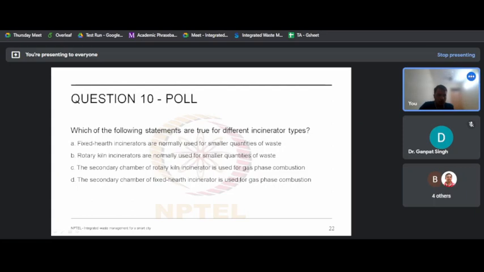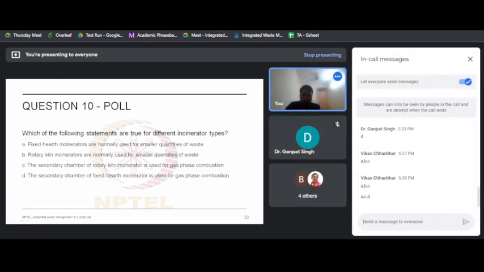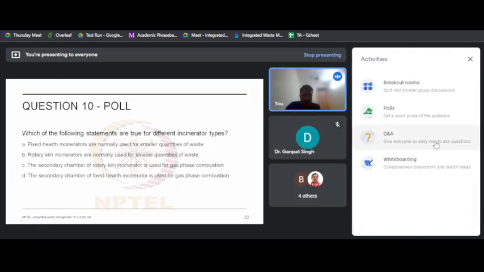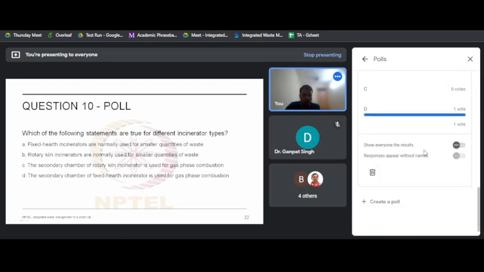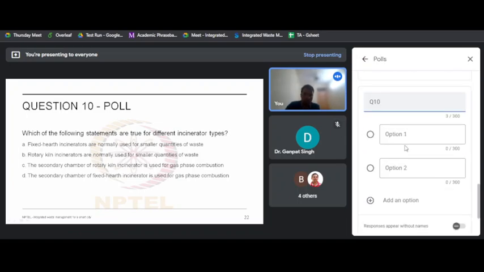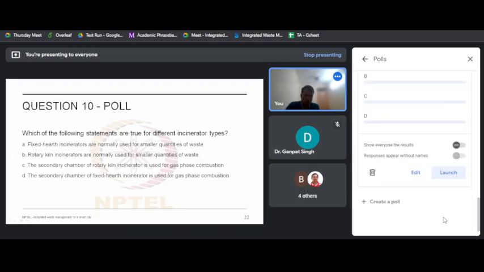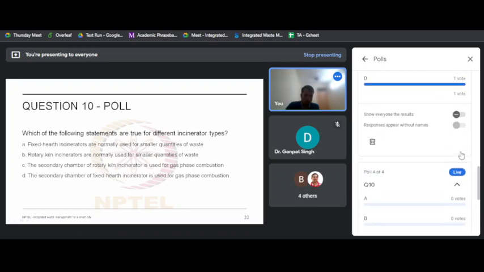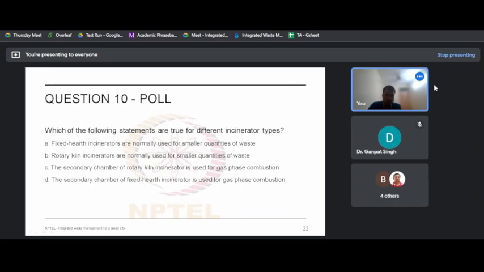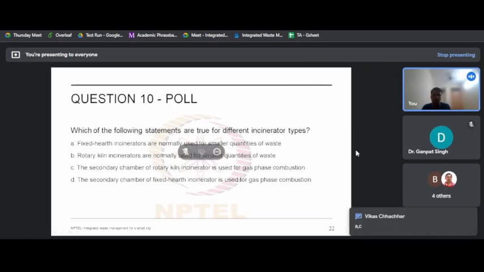We'll just drop a poll. You can answer it in the chat also. This is question 10. I'll give maybe 2 to 3 minutes for this.